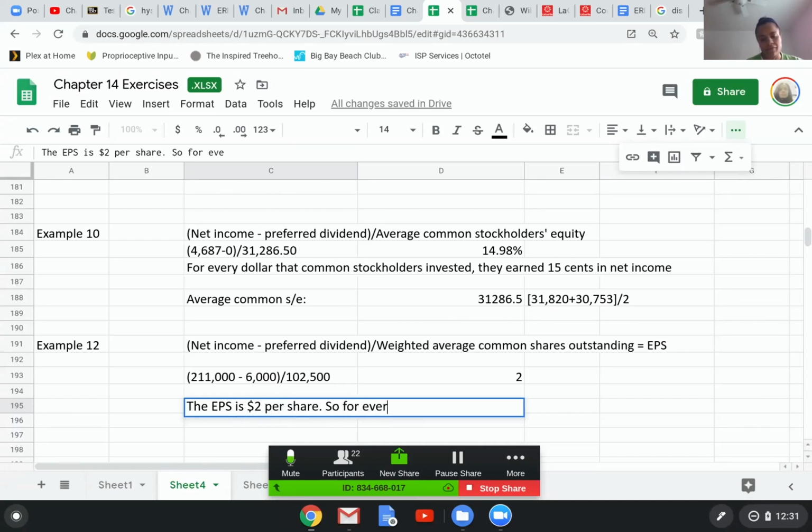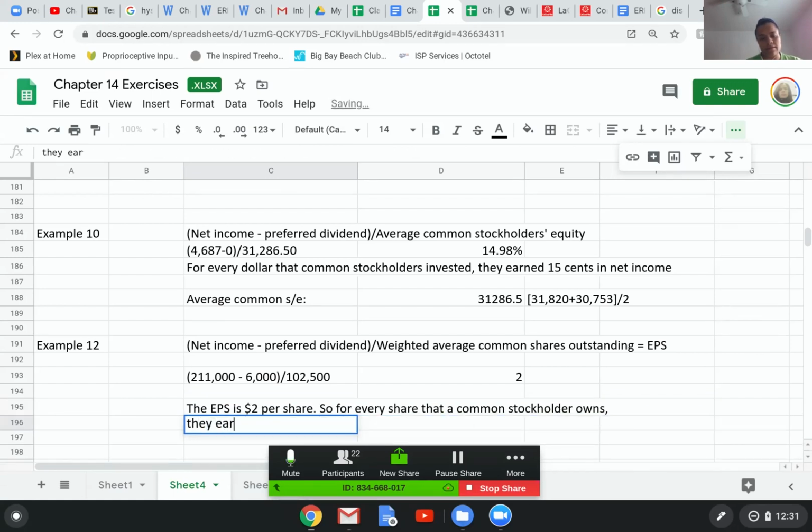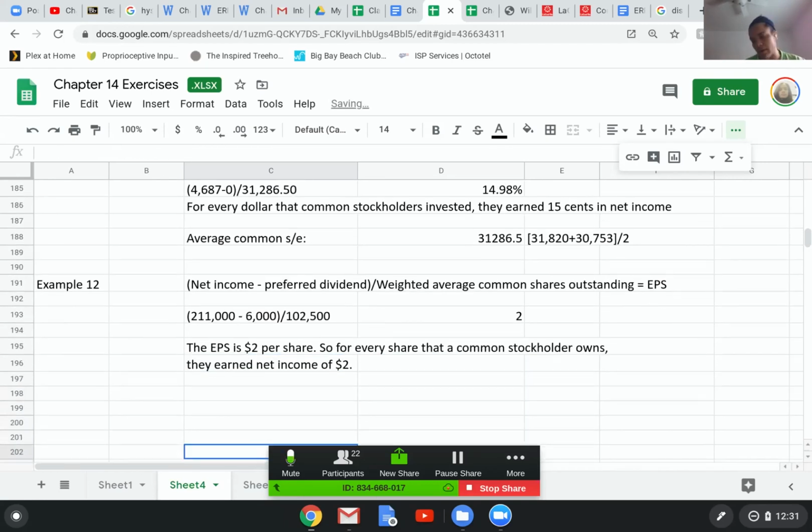So for every share that a common stockholder owns, they earned net income of $2. So that might sound low, but if you own 1,000 shares or 10,000 shares, you multiply each of those by $2. It's a decent amount of money.